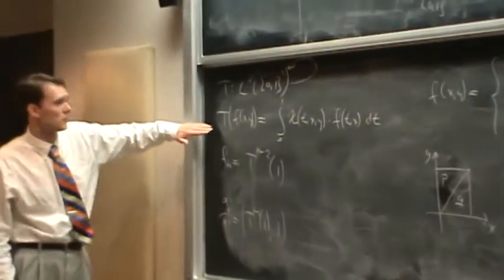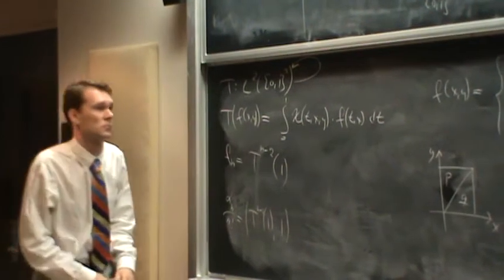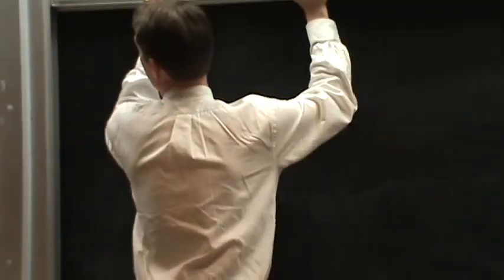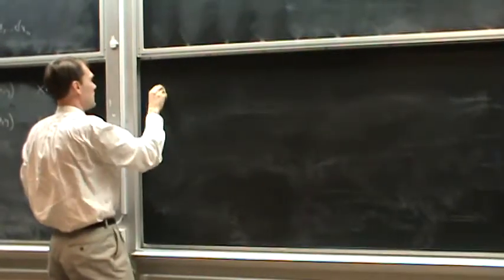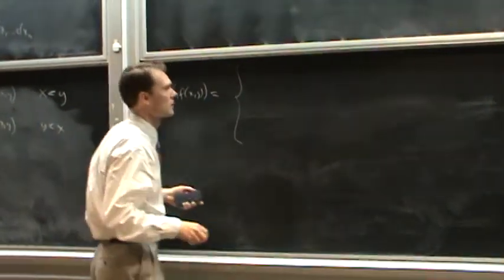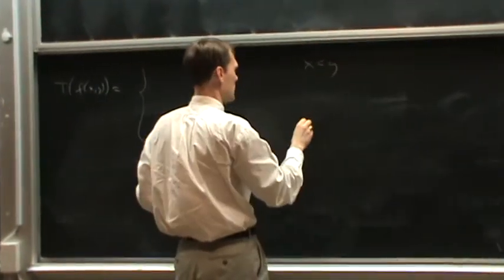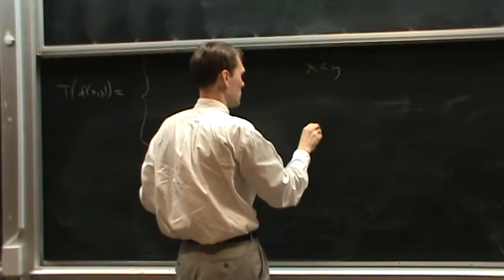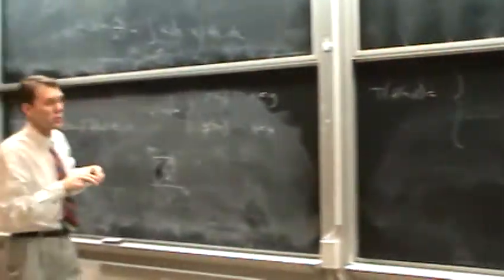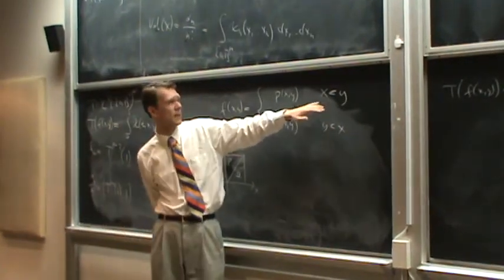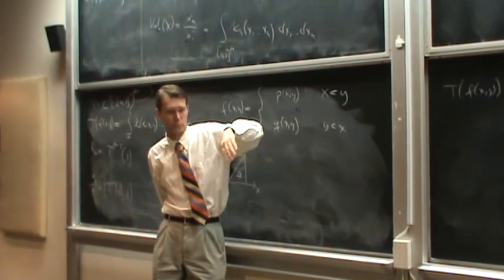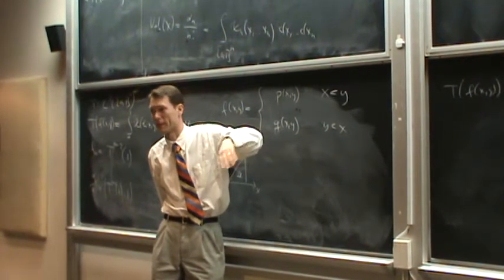So let me write down more explicitly what happens. So T f of x, y, I can look at these cases: x less than y and y less than x. Notice one thing, I don't care what happens when x is equal to y, because that's something of measure 0, so we don't have to worry about that case.